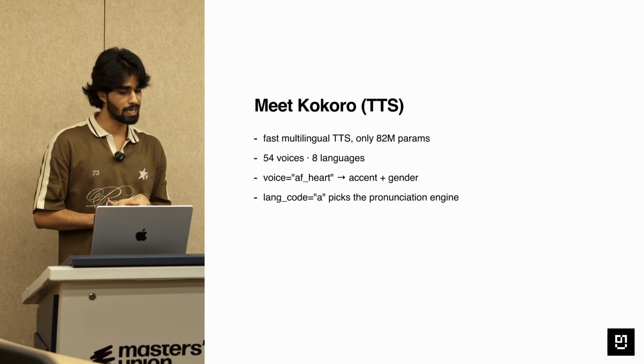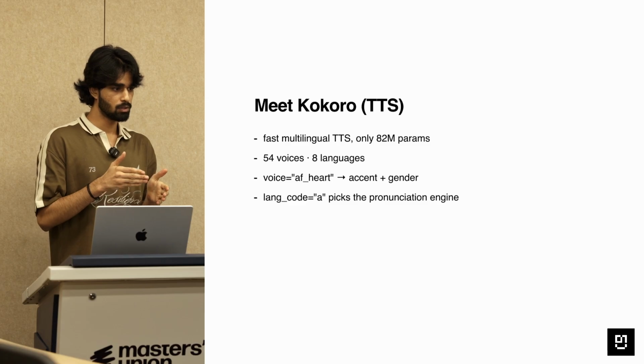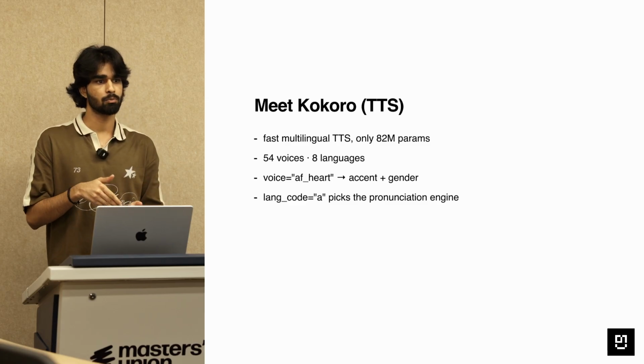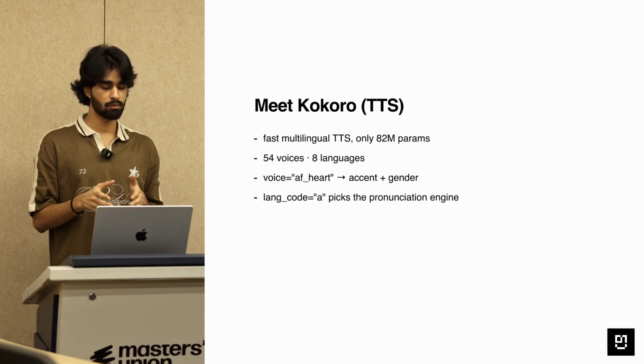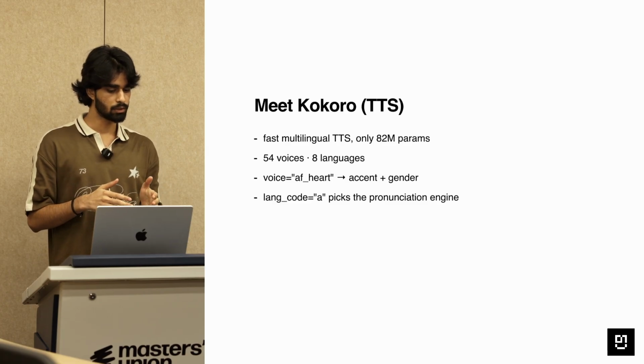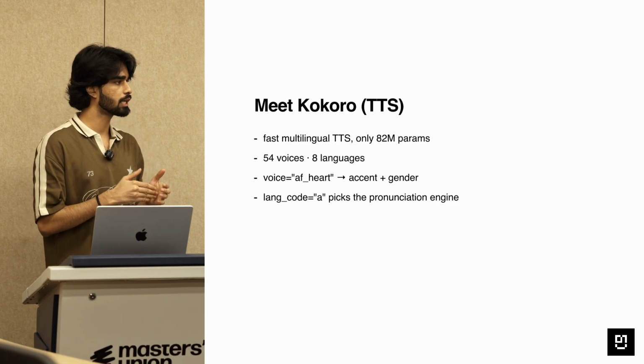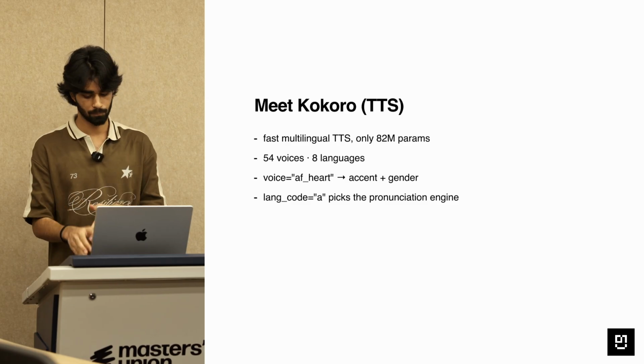It also has a language code, which is very interesting. This is how the pronunciation engine picks what to use. Kokoro itself has, I'm assuming, 3 or 4 pronunciation engines, and you can just pick the language code you want and it would pronounce accordingly.